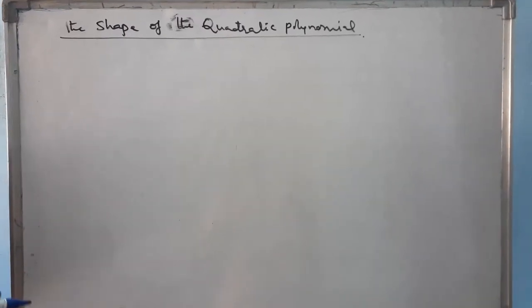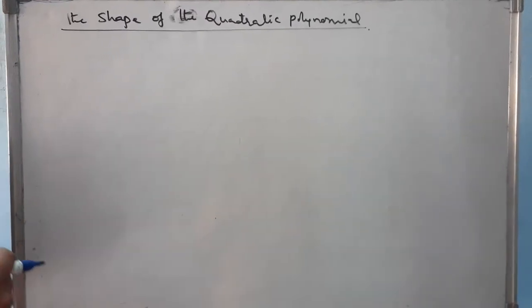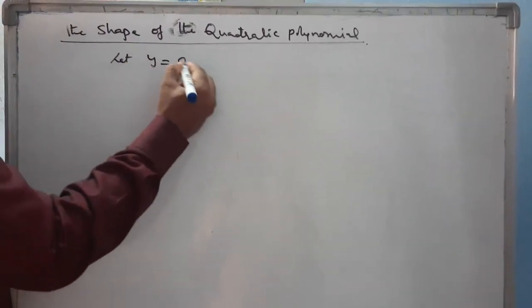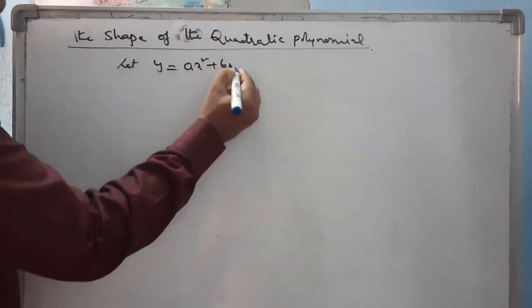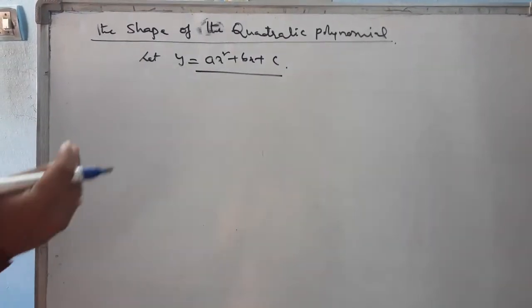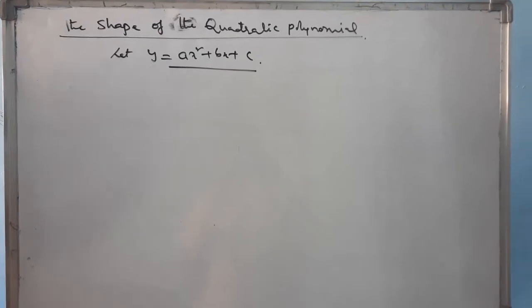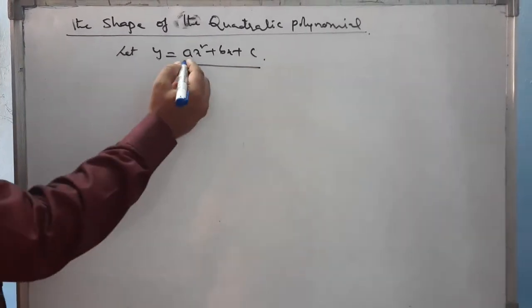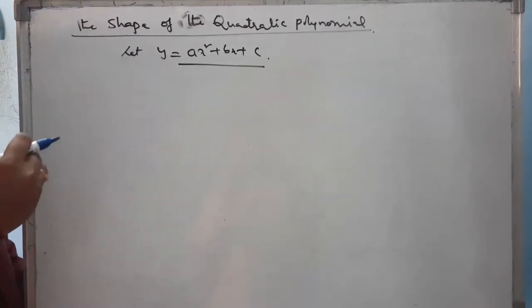Next, the shape of the quadratic polynomial. Now I am taking the polynomial y is equal to ax square plus bx plus c. It is the shape of the quadratic polynomial in the form of a U. But here we have 3 cases.